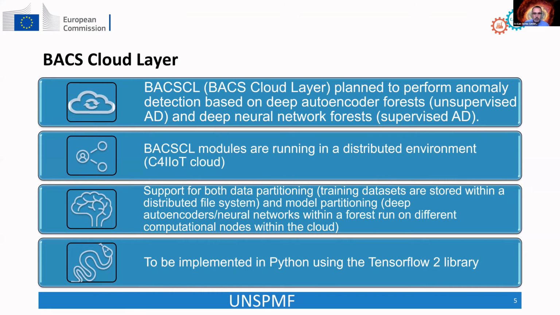Supervised and unsupervised run in distributed environments. Here in the cloud, we have the most powerful anomaly detection, since we have even more processing power and more memory available. What we plan to run here are deep neural networks.